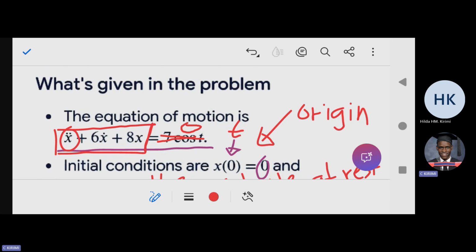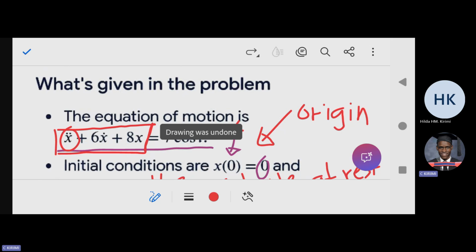That's how you solve the homogeneous solution first. Once you have found the homogeneous solution, when you solve for the particular solution you do the same: you ignore the left side and only deal with the 7 cos t. So you first ignore the right side and solve the homogeneous equation by equating only the left to 0.